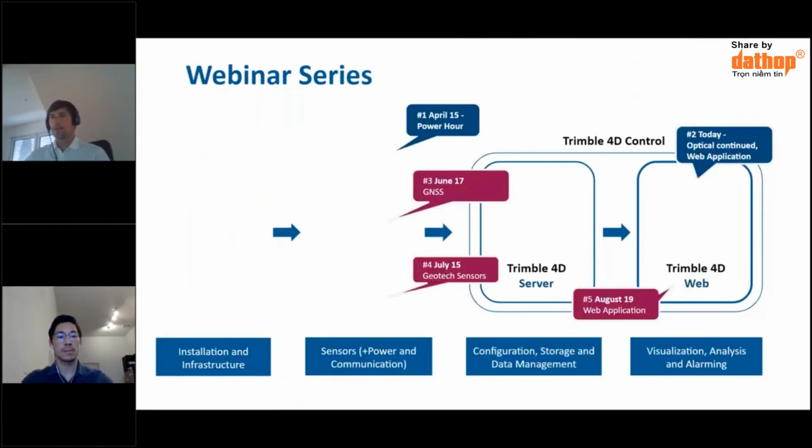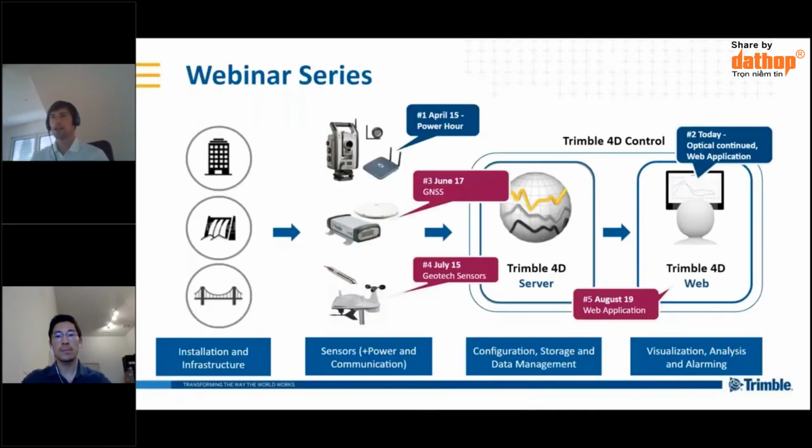All right, and so now just the last slide. As I said right in the beginning, here's an outline of what's coming next. We have now covered the connection between the total station and T4D last month. Today we have talked about the web application, mainly focusing on optical data, and we also used the data from the last webinar again.